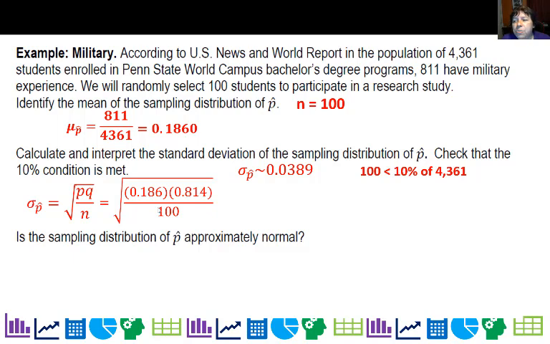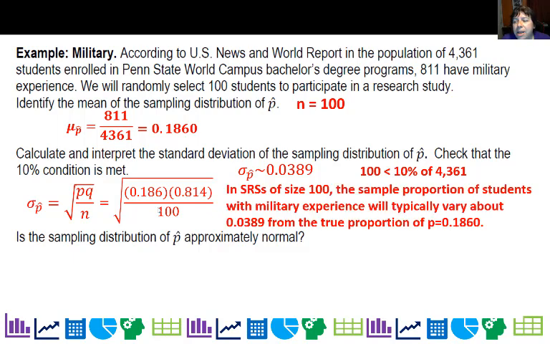So how do we interpret the standard deviation? In simple random samples of size 100, the sample proportion of students with military experience will typically vary about 0.0389 from the true proportion of 0.1860. Can we say that this distribution is approximately normal?